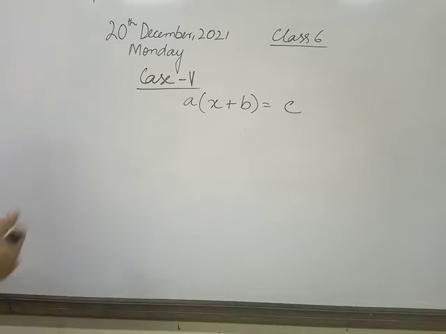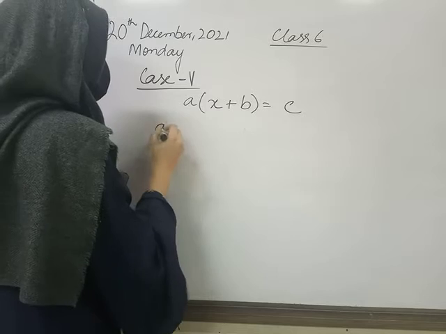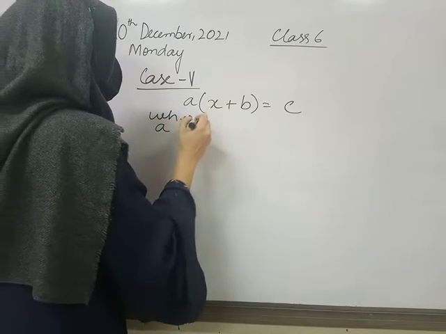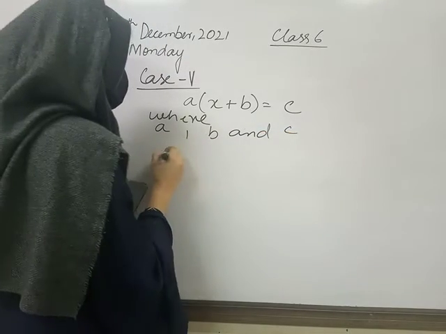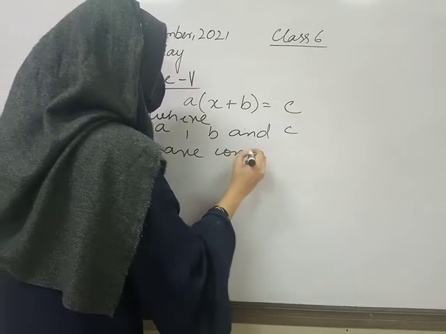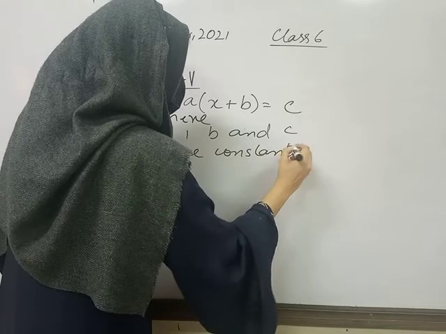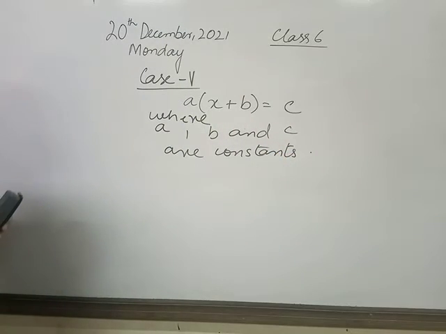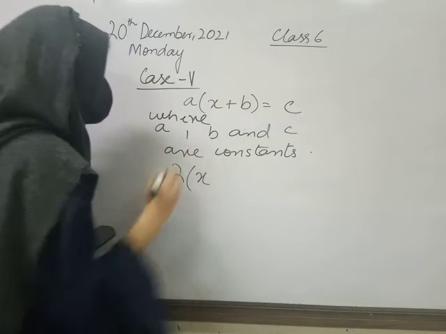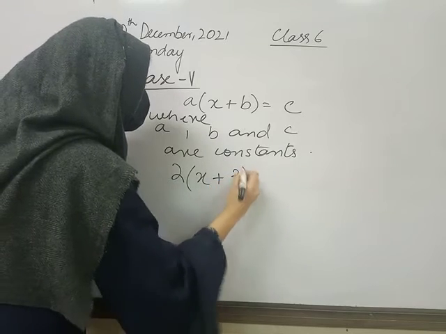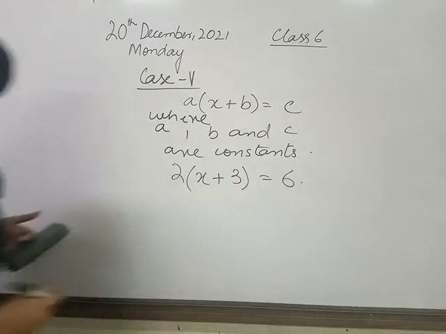We can also write it where a, b and c are constants. Constants mean numbers. Now I am going to put a, b and c. For example, I have 2 into x plus 3 equals to 6.